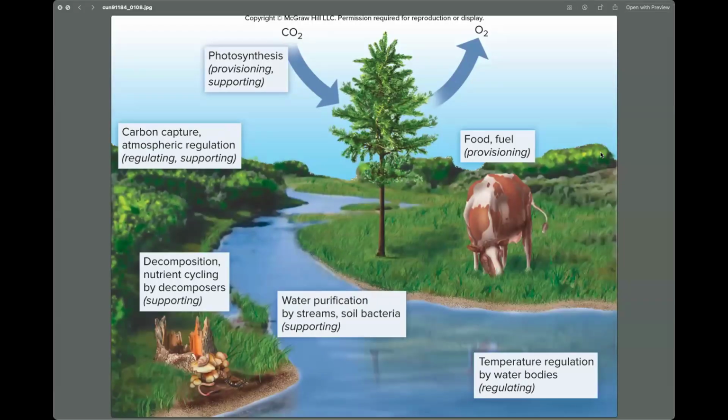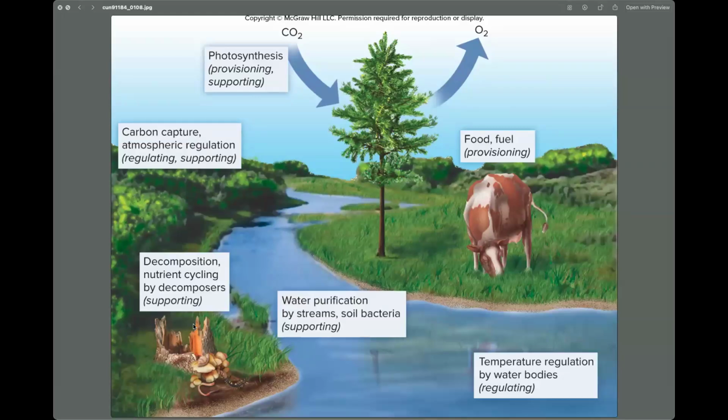So what do we get from natural systems that are free but essential to our survival? In this case, what it's showing you are ecosystem services that we depend on and are in many ways invisible, like the fact that decomposition and nutrient recycling happen, so basically creating soil.